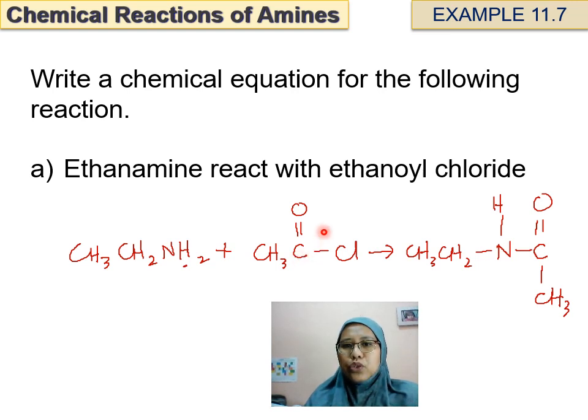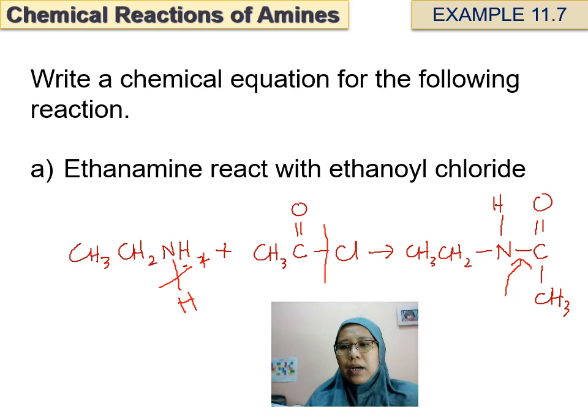Now you're just going to cut the bond over here and cut it here between one of the hydrogens, and then you're going to combine it here to form a peptide bond.